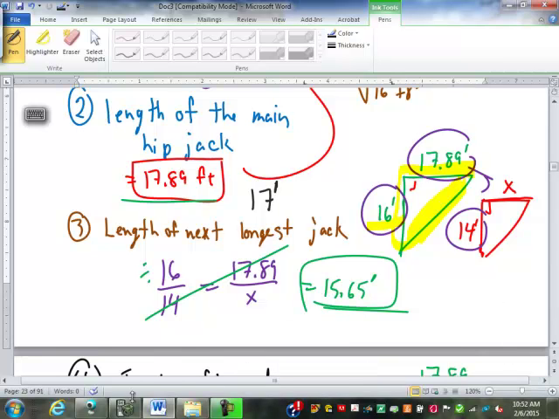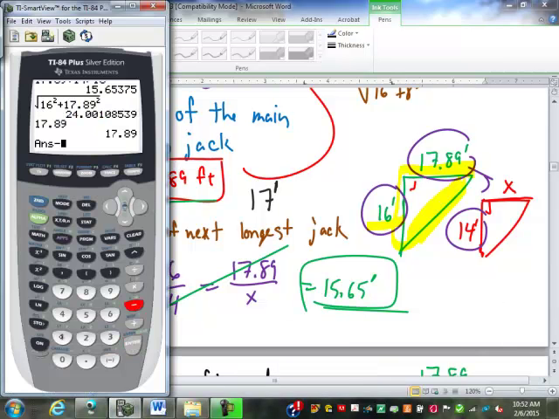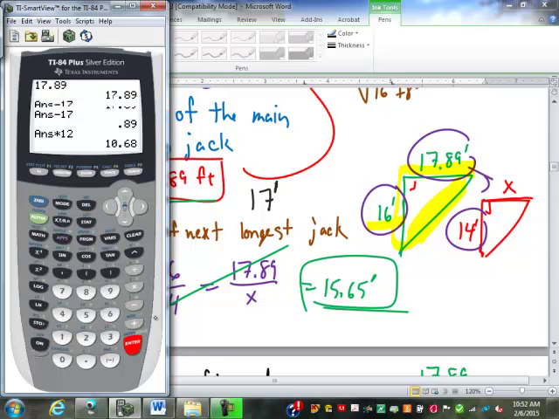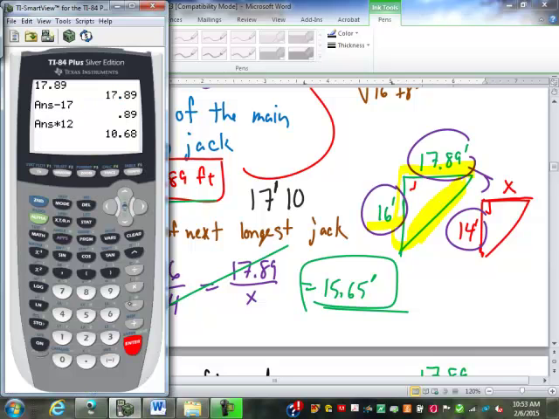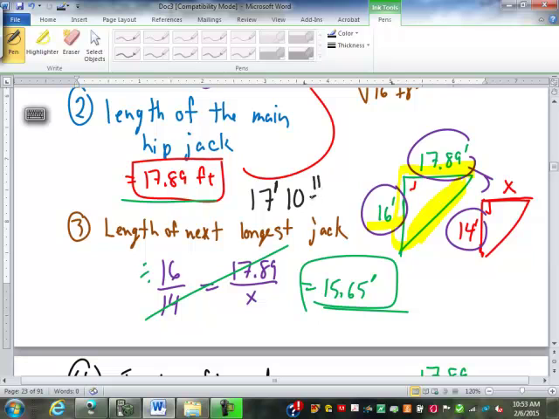So I'm going to subtract the 17 whole feet. And then what am I going to do with the 0.89? Times 12. We've got to make it inches first. So it's 10.68. So I have 10 inches. I'll subtract the 10. And now I have the 0.68 to turn into sixteenths. So times 16 will give me sixteenths. 10.8 or 11 sixteenths of an inch. So that's 17 feet, 10 and 11 sixteenths.